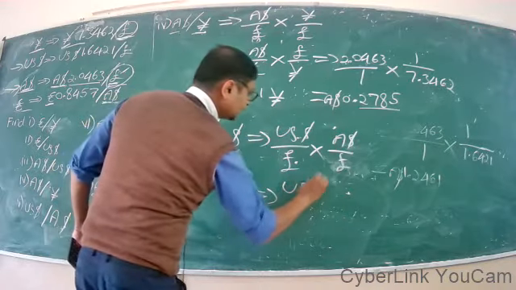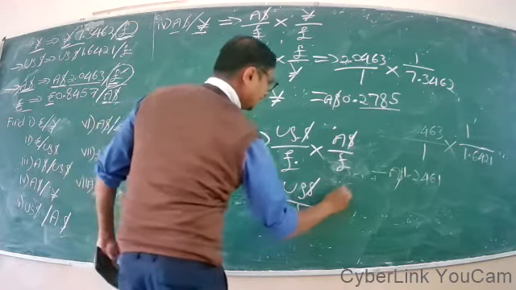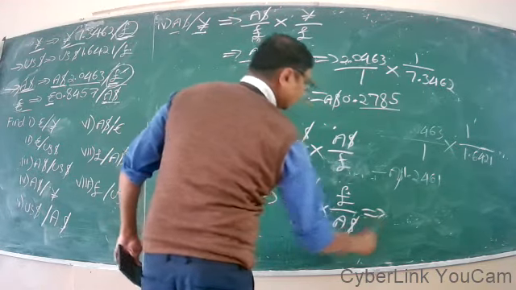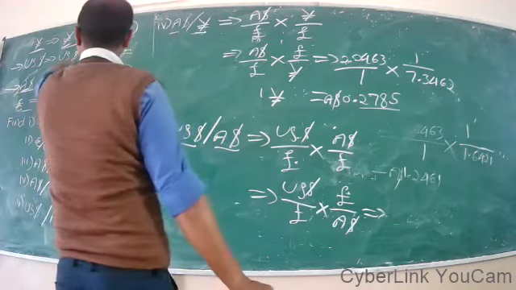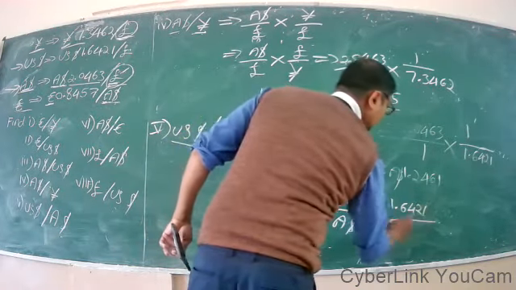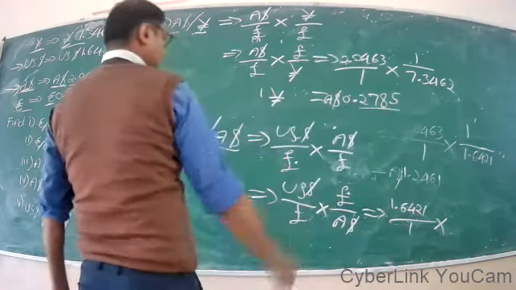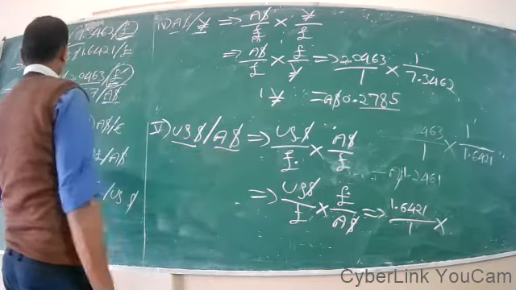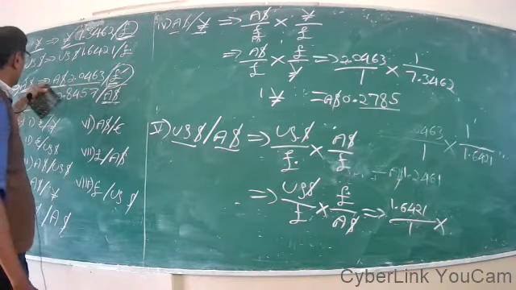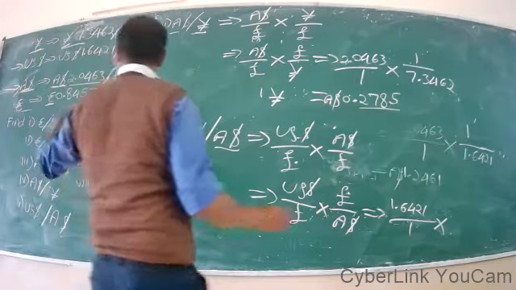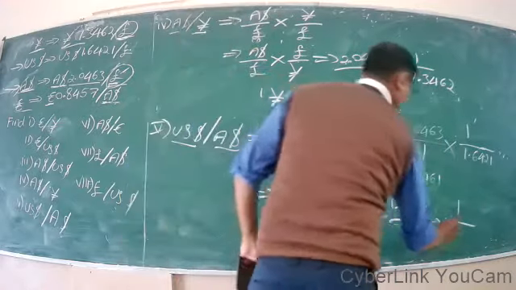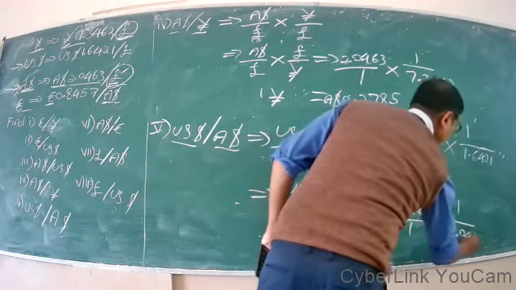So we need US dollar per sterling pound multiplied by sterling pound per Australian dollar. That is, US dollar per sterling pound is given as 1.6421 and sterling pound per Australian dollar. Australian dollar per sterling pound is given, but we need sterling pound per Australian dollar. So 1 divided by 2.0463.